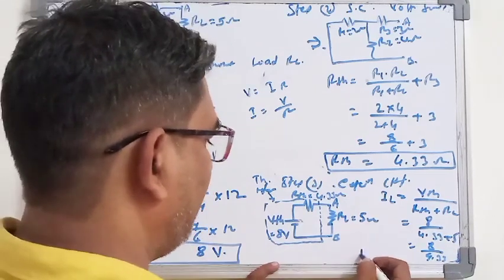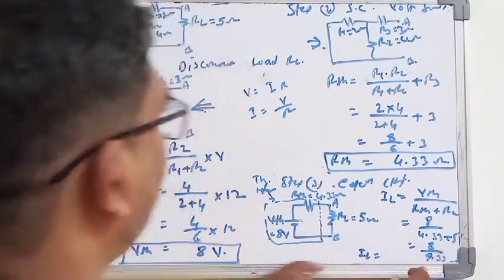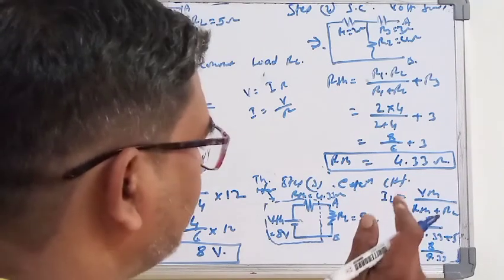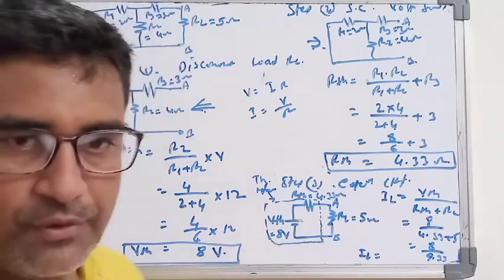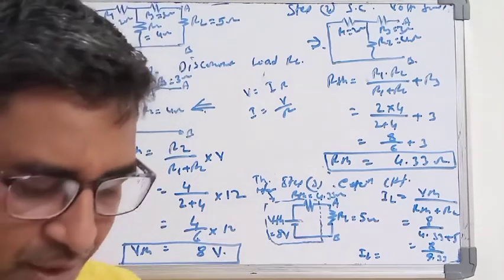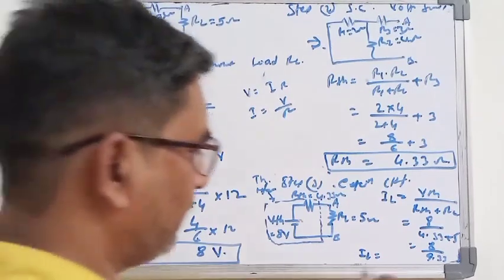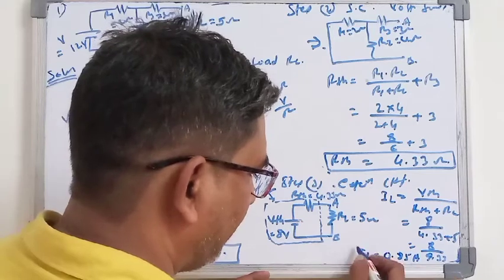Therefore IL is equal to 8 divided by 9.33. You will be obtaining the value 0.85. Okay, here you will be obtaining IL is equal to 0.85 ampere.